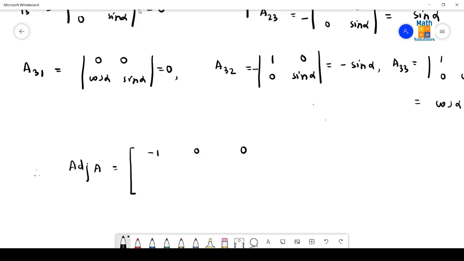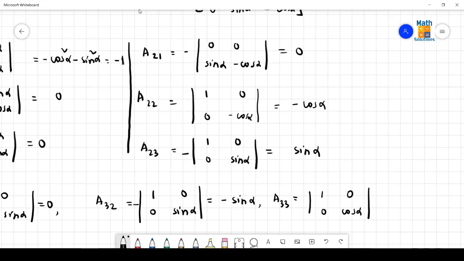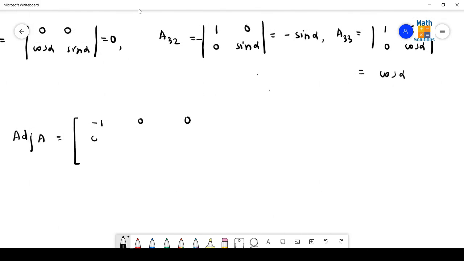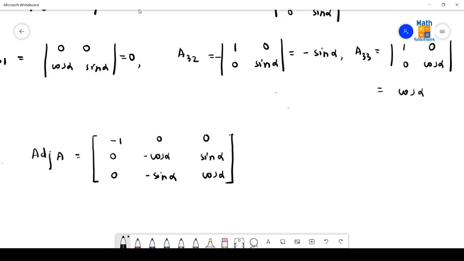Along the second row, the elements will be 0, minus cos alpha, sin alpha. Then along the third row, 0, minus sin alpha, then cos alpha. So these are the elements we got here. The second row's last element should actually be minus sin alpha.